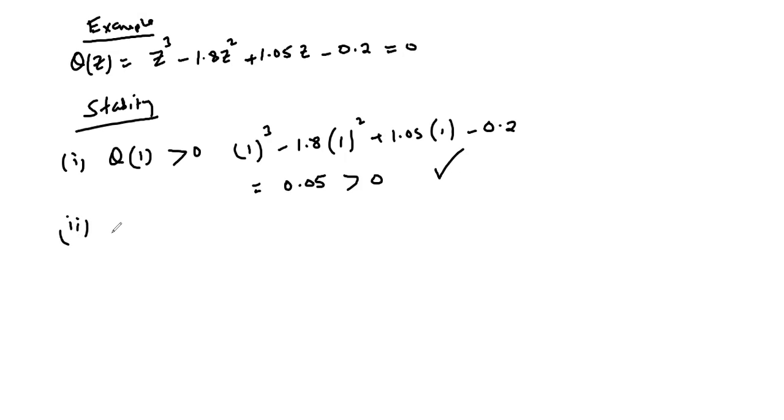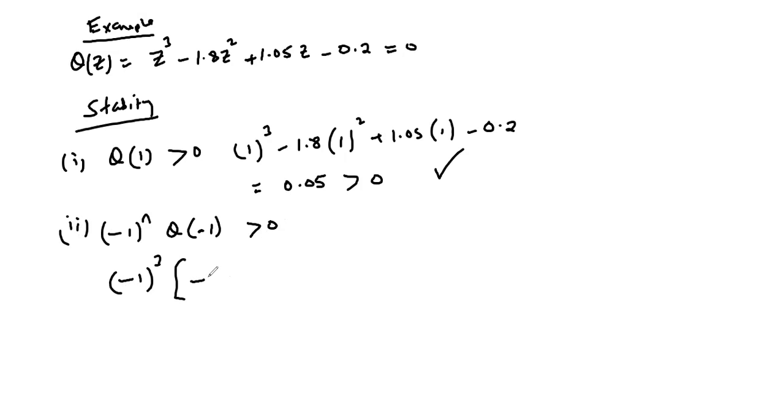Condition number 2 is that negative 1 power n multiplied by Q of negative 1 should be greater than 0. Our n is 3, this being a third order system, so negative 1 power 3 multiplied by Q of negative 1.